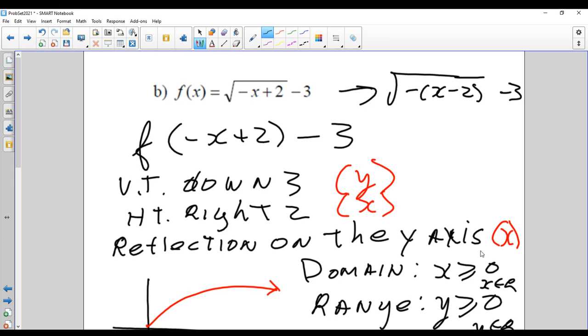If you have a shift right by 2, that affects the x, and a reflection on the y-axis. Which one comes first again? I forget which one we have to do first. Yes, Masumi. The reflection comes first.